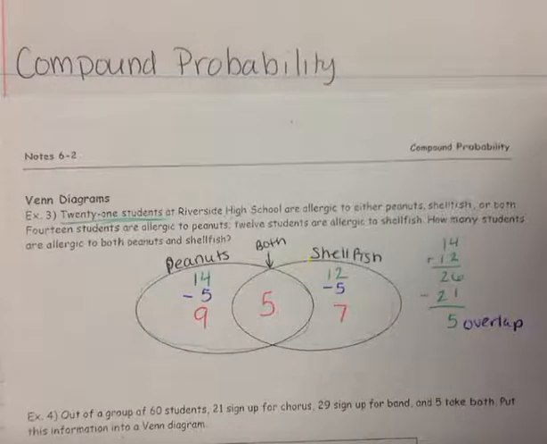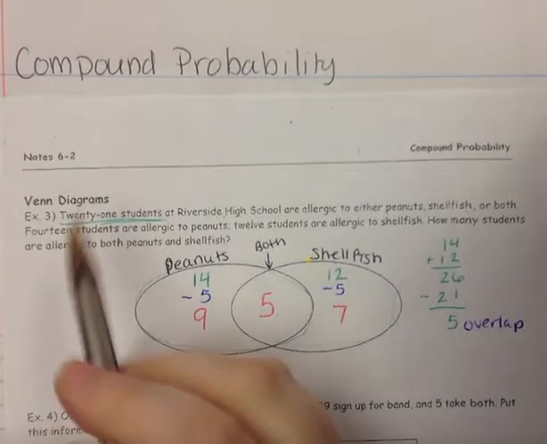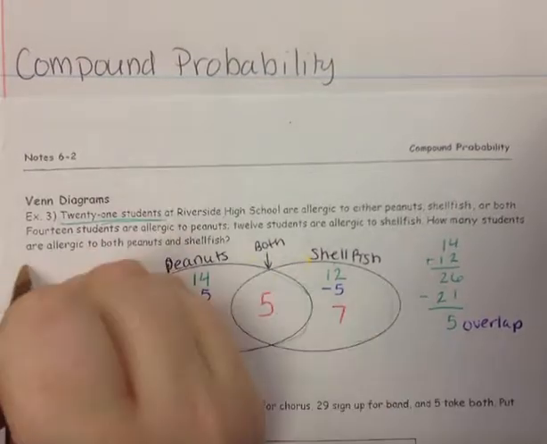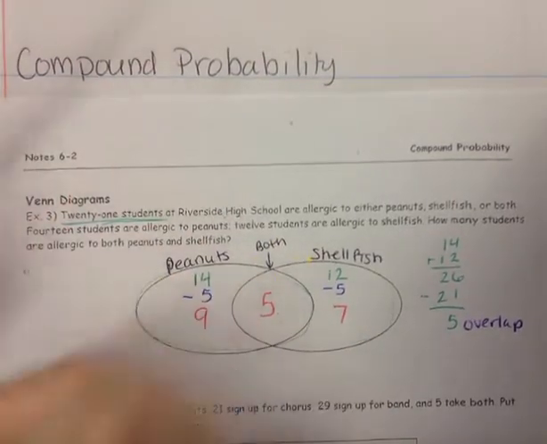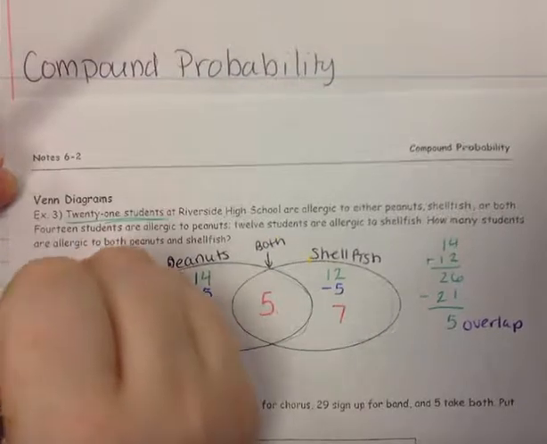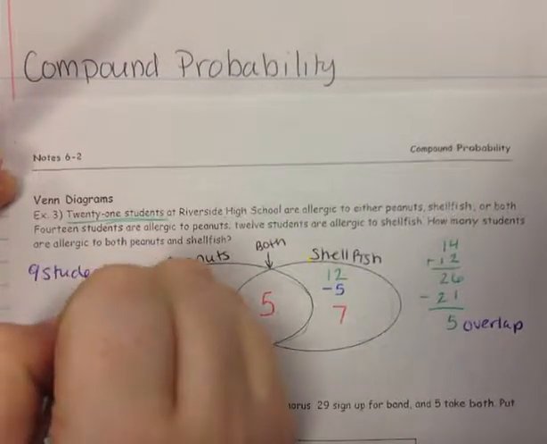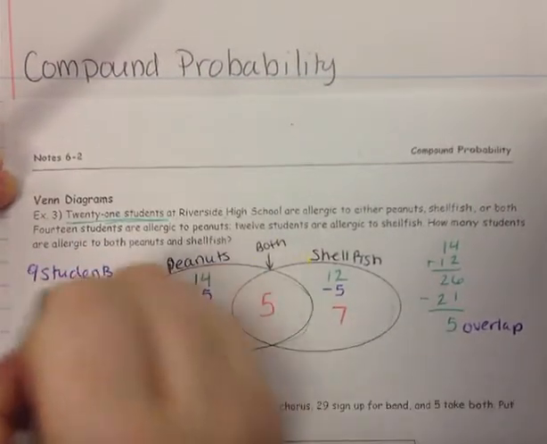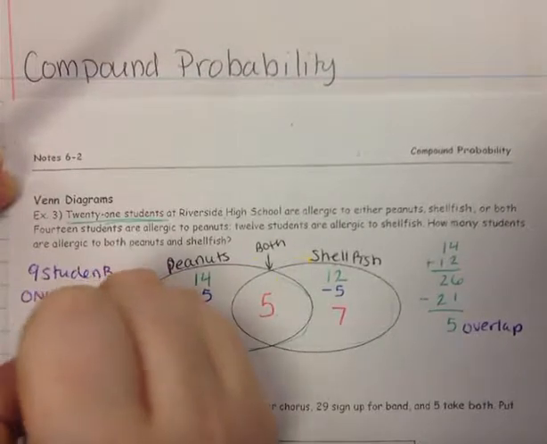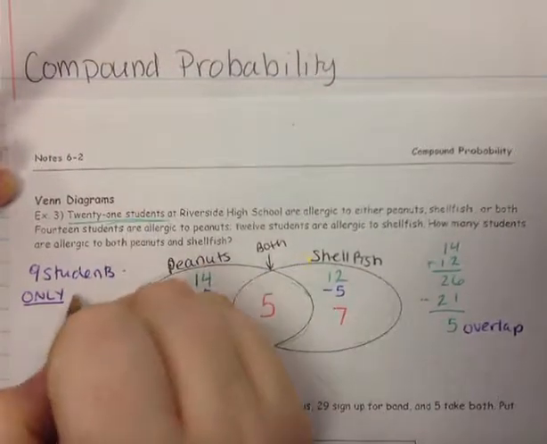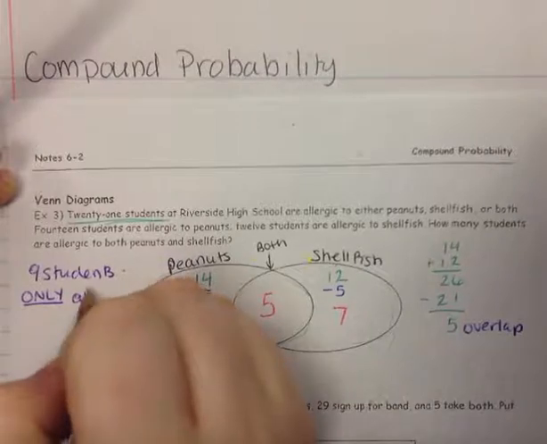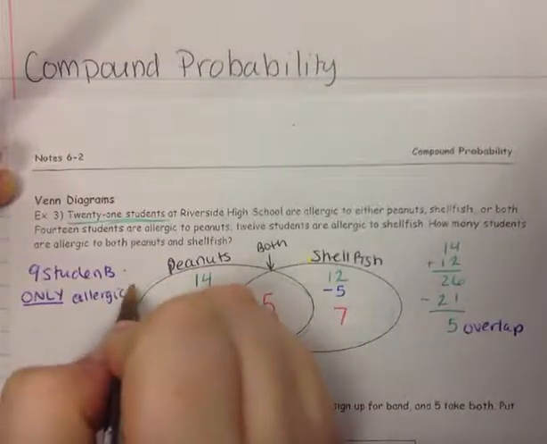So we can also write out what everything else meant too. There are 9 students only allergic to peanuts.